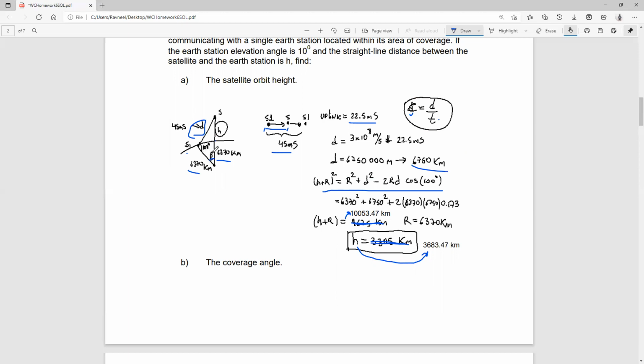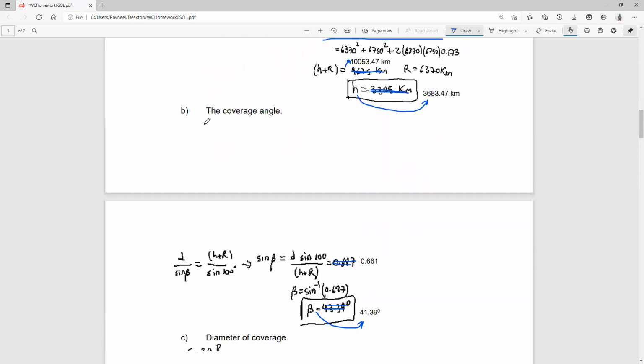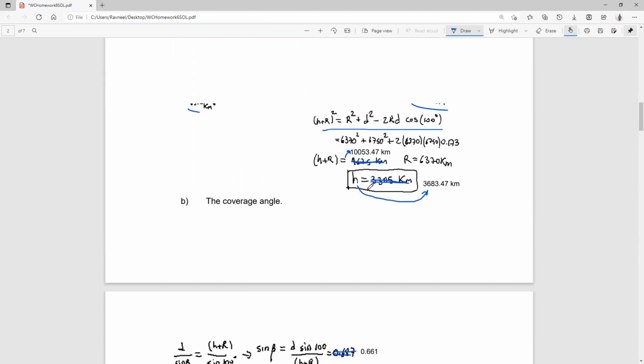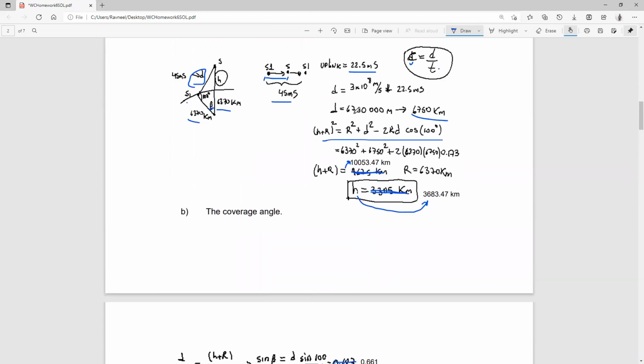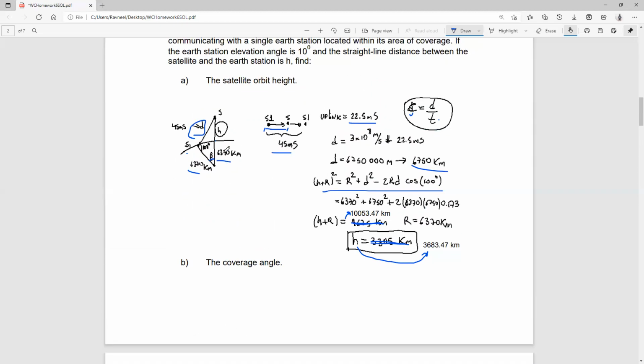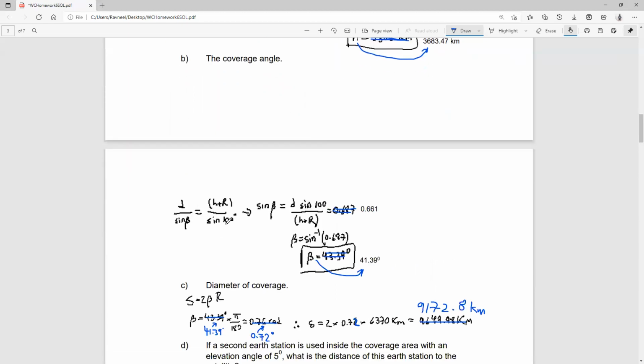However, we know the side opposite to it, so we can write the sine rule: d upon sine beta, where beta is what we are looking for and d is what we found, 6,750 kilometers, is equal to h plus r upon sine 100.